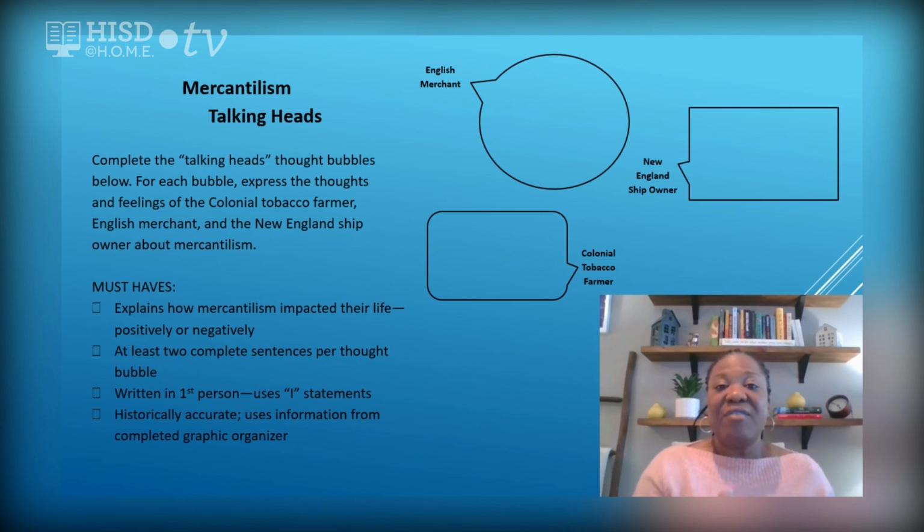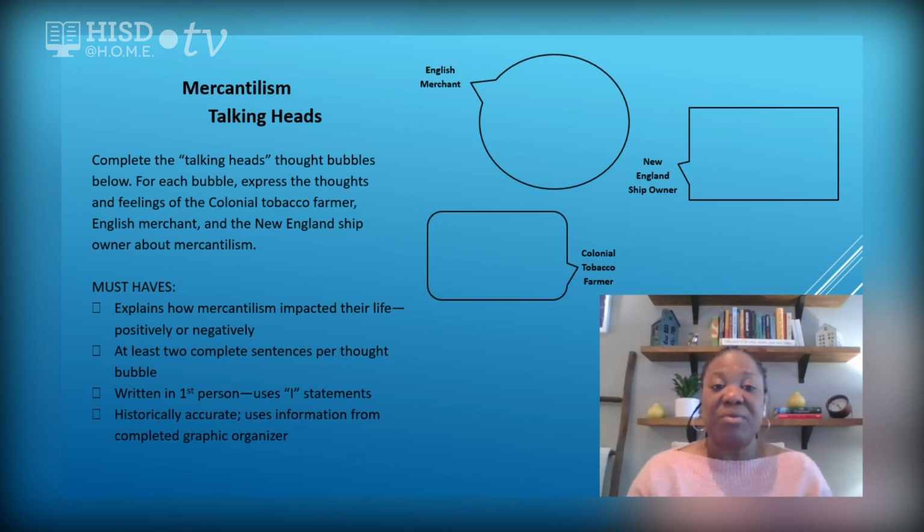So now that we have debriefed, you've done your graphic organizer, and we have an idea about how the British felt and how the colonists felt, I want you to take that information and complete this assignment. This is called Mercantilism Talking Heads. What you're going to do is complete the talking heads thought bubbles below.